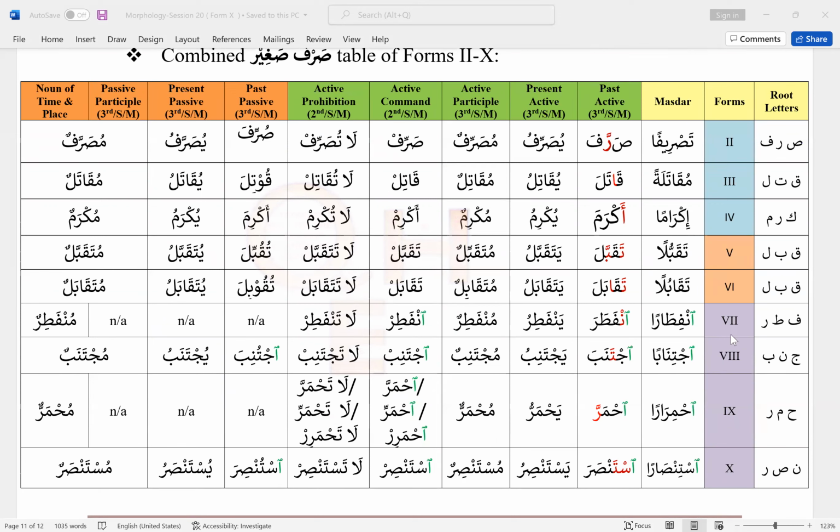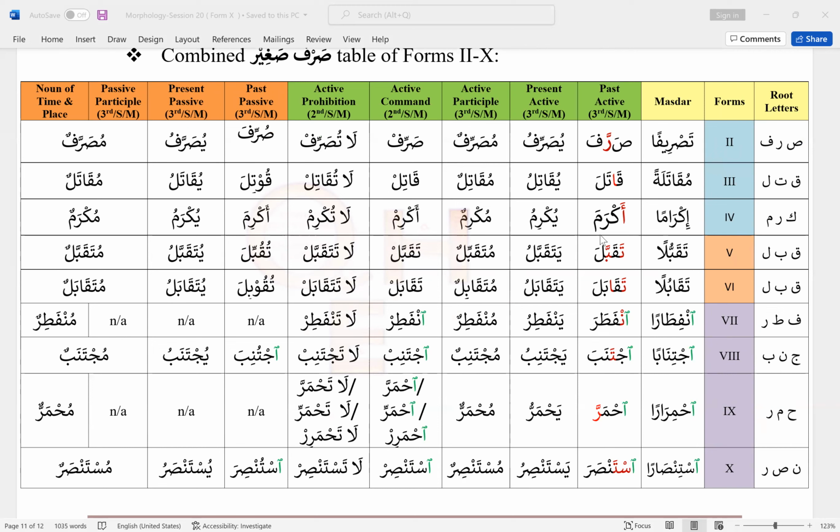We covered form 7, infatara, yanfatiru. Form 8, ijtanaba, yajtanibu. Form 9, ihmarra, yahmarru. Then form 10, istansara, yastansiru. And you can see why they are called the Hamzatul Wasl family, because for the masdar, past tense, and the command verb, they carry Hamzatul Wasl at the beginning.